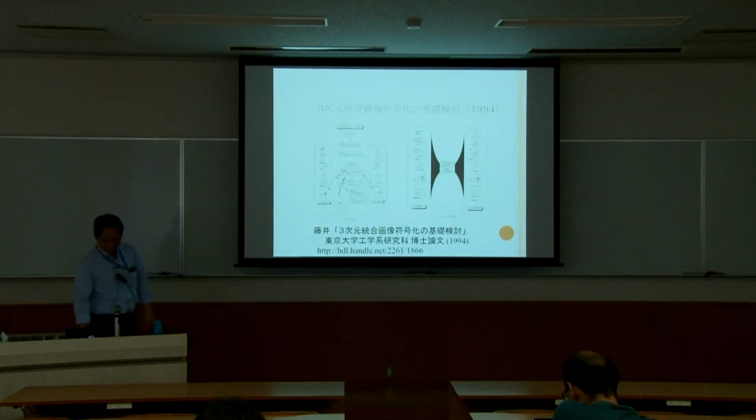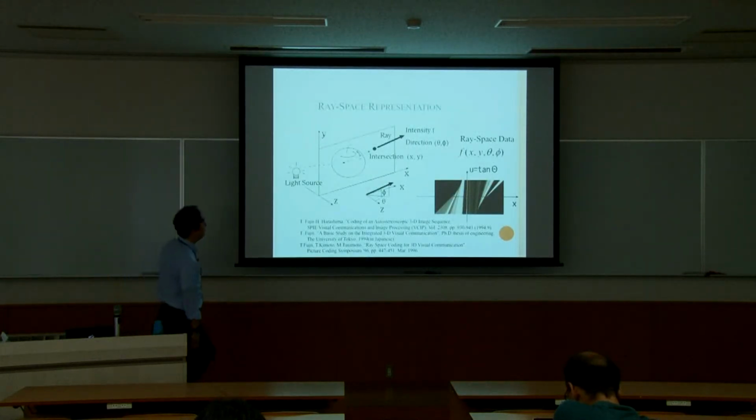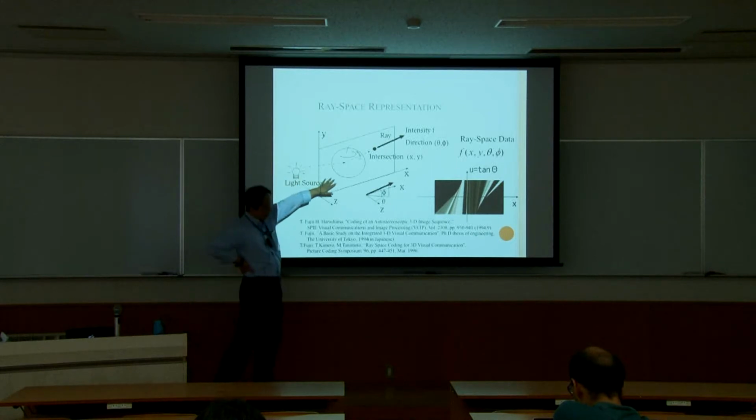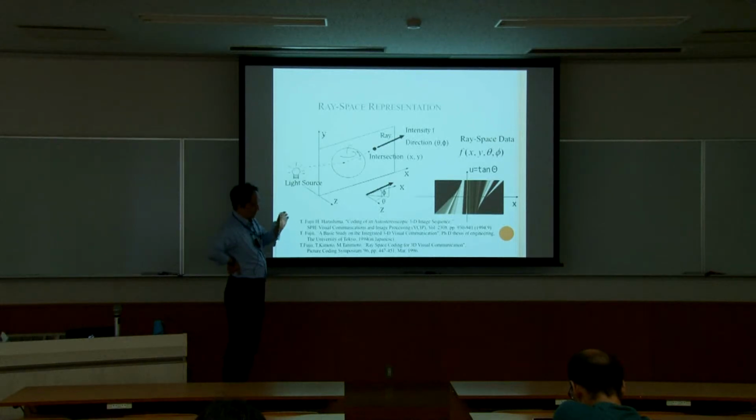From this discussion, we derived this ray space representation. Okay, so this is a 3D scene. The object is here. And in the old sense, a 3D image is just a left eye image and a right eye image.